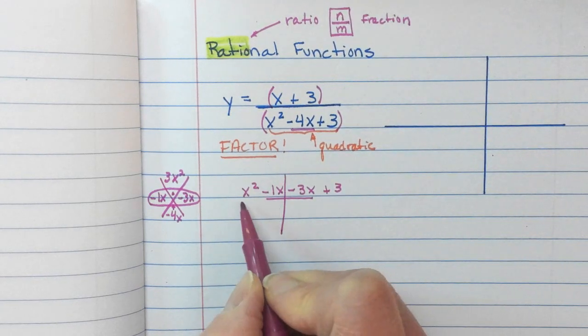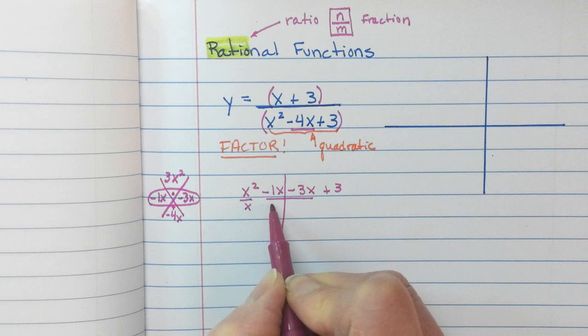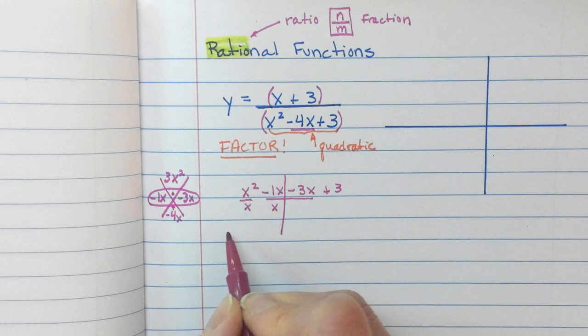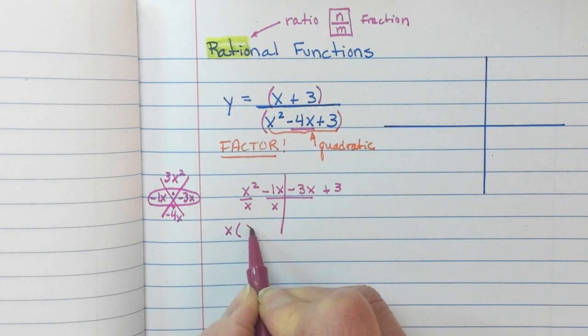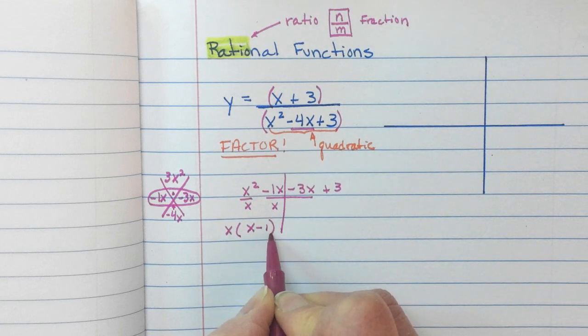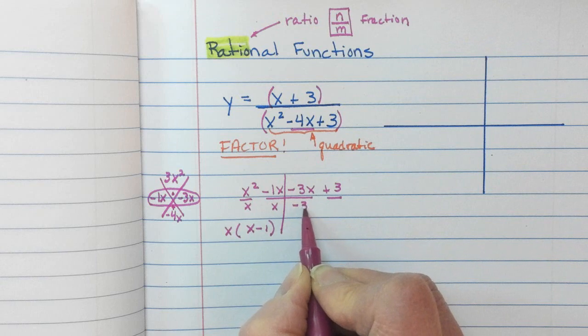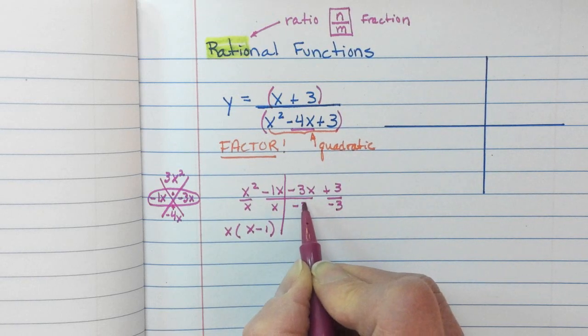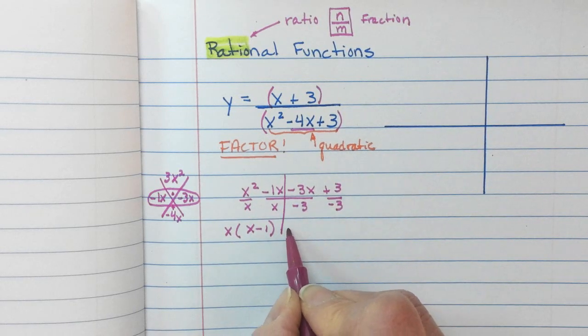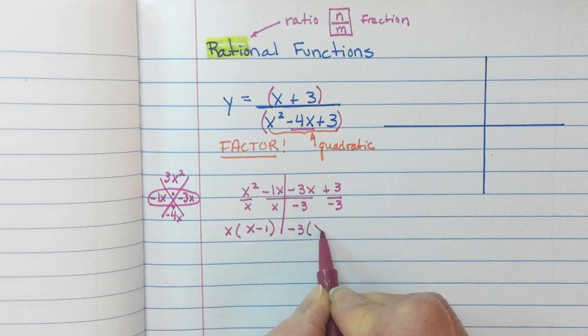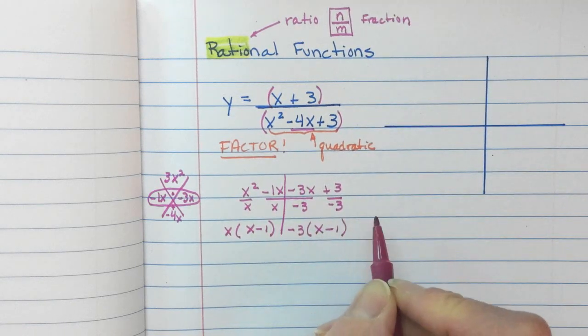Factor by grouping, I can divide an x out of the first group, which leaves me with x minus 1 when I divide. And here, because this term is negative, I'm going to divide out a negative. Common factor is negative 3. And that's going to give me x minus 1 when I divide.